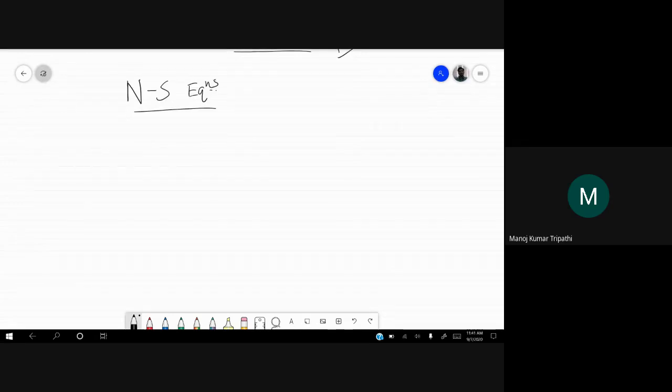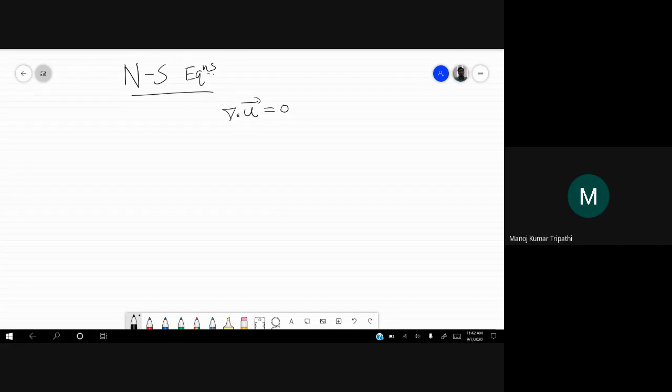What you get finally is 4 equations for the simplest case in 3 dimensions. The first equation is the continuity equation. Let me just write it for now. You don't need to remember it. This is the continuity equation, del dot u equal to 0. This is a single equation. Then there are 3 equations in 3 dimensions, or 2 equations in 2 dimensions, for momentum in each direction.